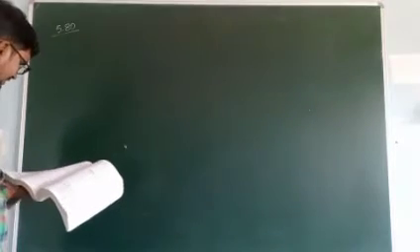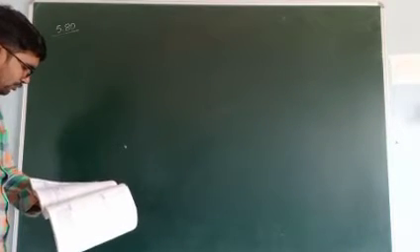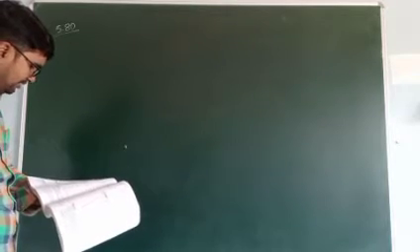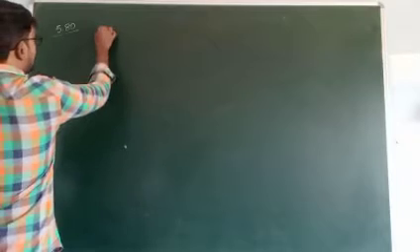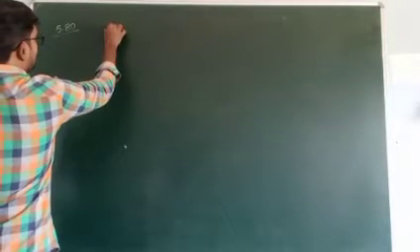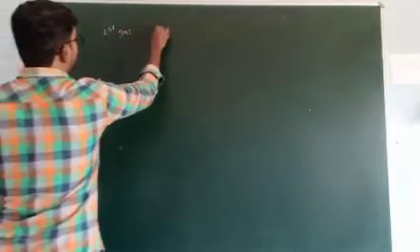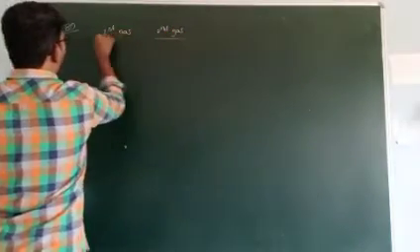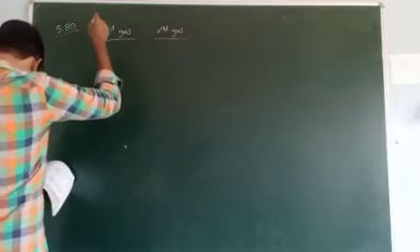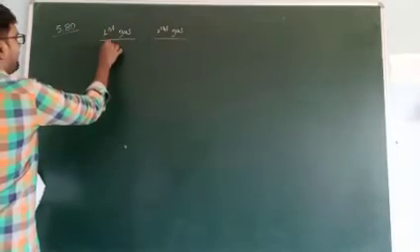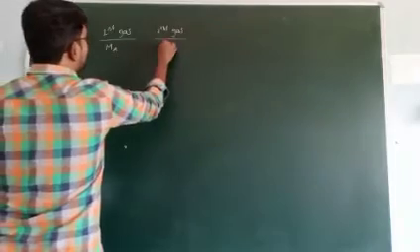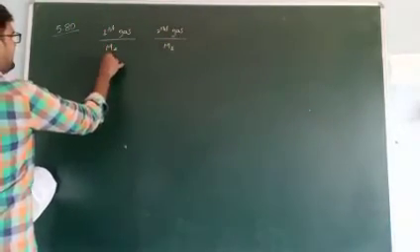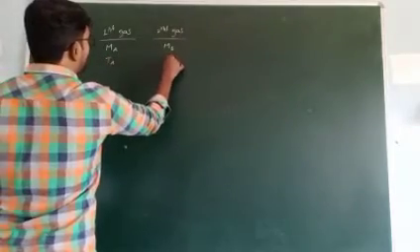Next, 5.80. Two gases with molecular weights Ma and Mb at temperatures Ta and Tb are given. This is the first gas, this is the second gas. The first gas molecular weight is Ma, the second gas is Mb, and the temperatures are maintained at Ta and Tb.